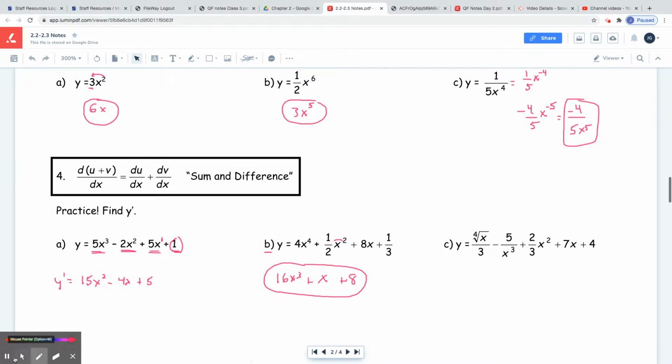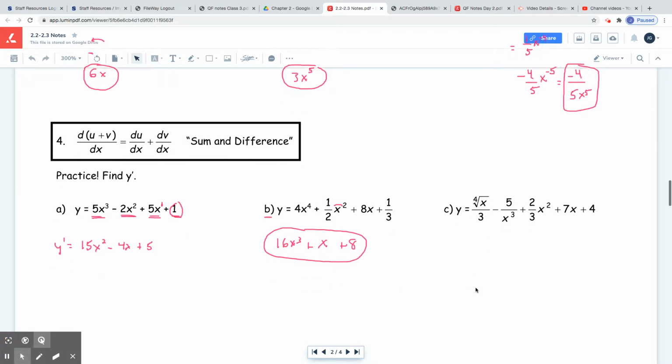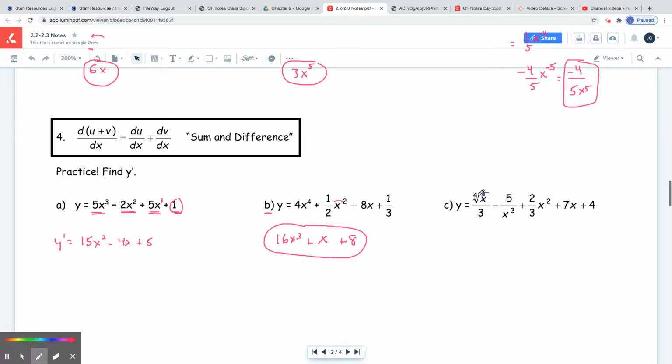Now, last one. This one's a little bit trickier, because you have the 4th root of x. So this means x to the 1/4 over 3. So I got to put the 1/4 out front, but with the 3 on the bottom it means 1/4 times a third, which is really 1/12.